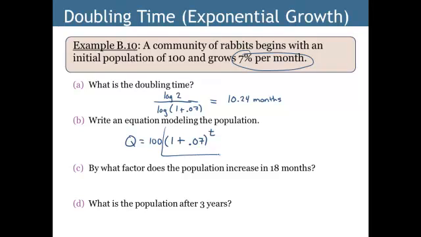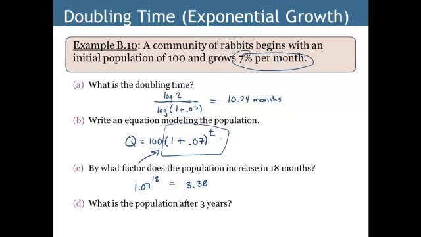All right. So by what factor does the population increase in 18 months? Remember, the factor is this part. And if it's 18 months, I'd throw in an 18 for t. So 1.07 to the 18th power. And that is 3.38. And what is the population after 3 years? Well, my t is in what?